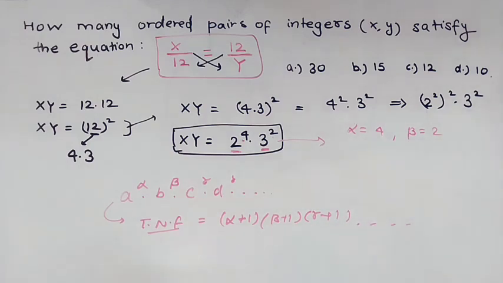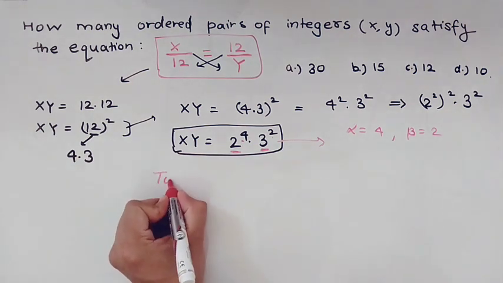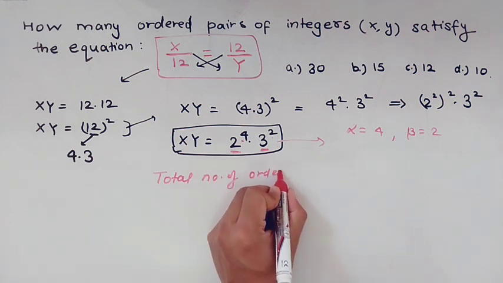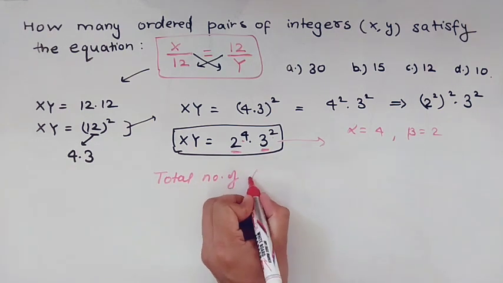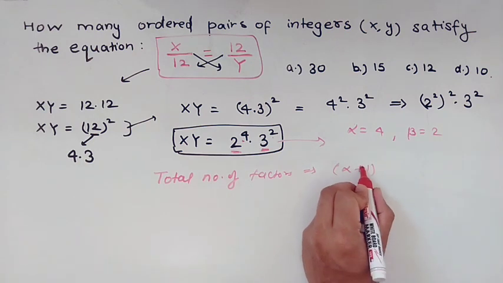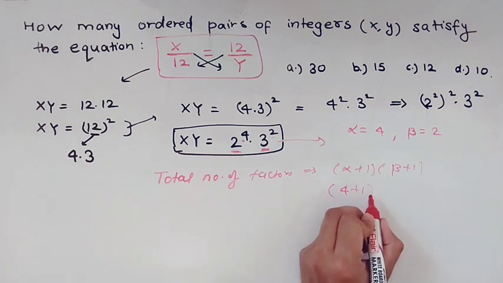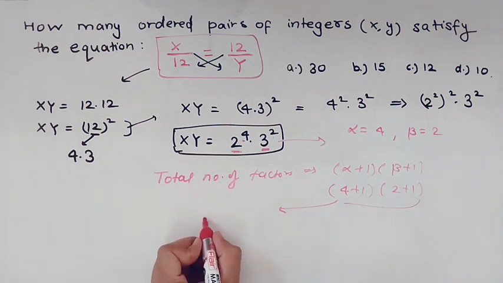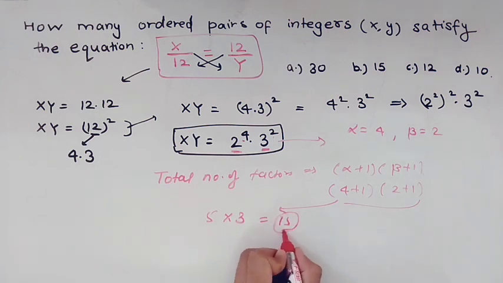So first of all we will calculate the total number of factors, that is alpha plus 1 into beta plus 1, that is 4 plus 1, 2 plus 1. Solve this, we have 5 into 3, that is 15 factors.